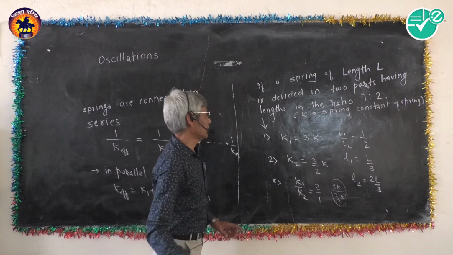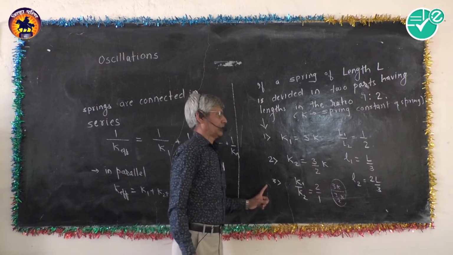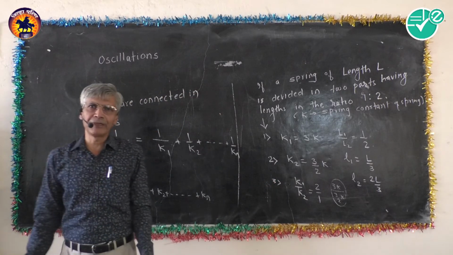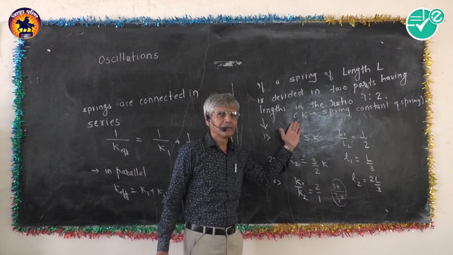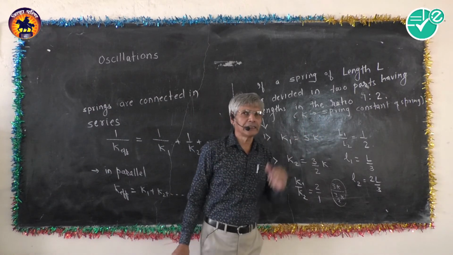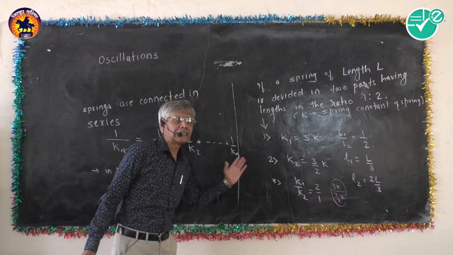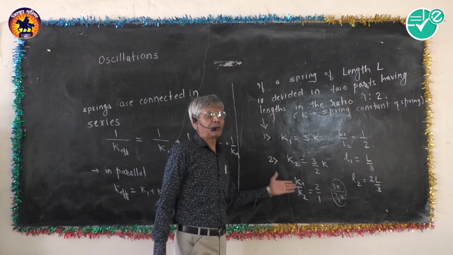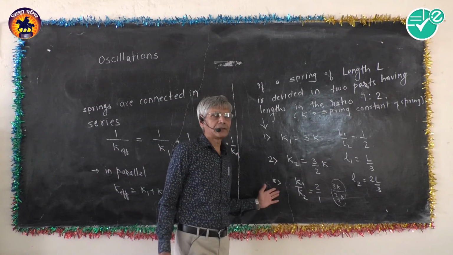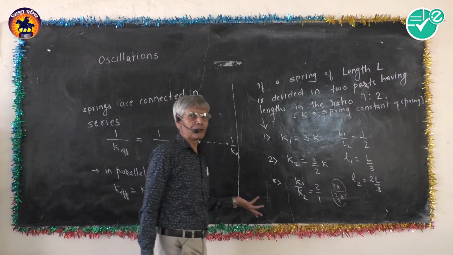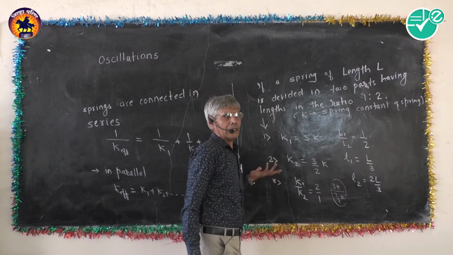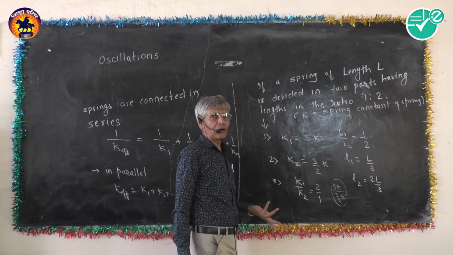The next question can be asked by increasing the difficulty level. Suppose that these two parts of the spring are connected in series. What will be the effective value of the force constant of the series combination? Or these two parts are connected in parallel, then what is the value of the effective force constant of the parallel combination?